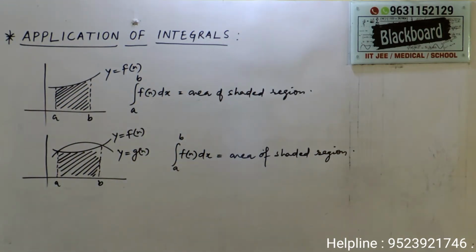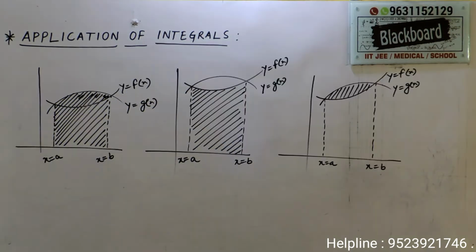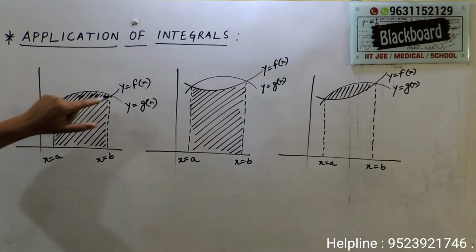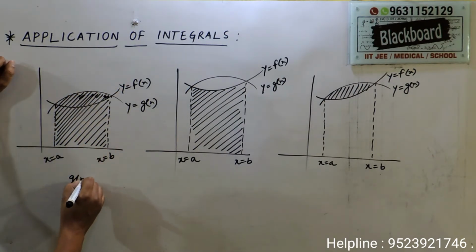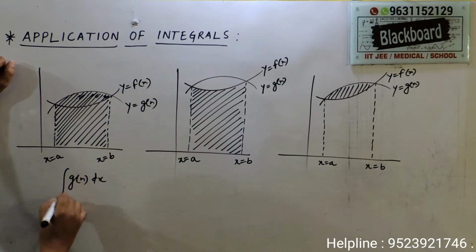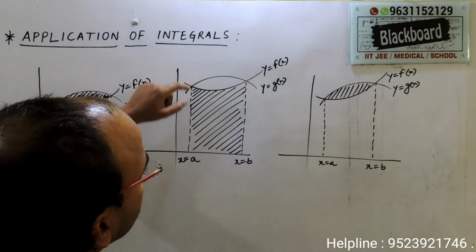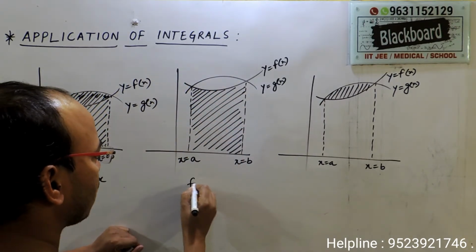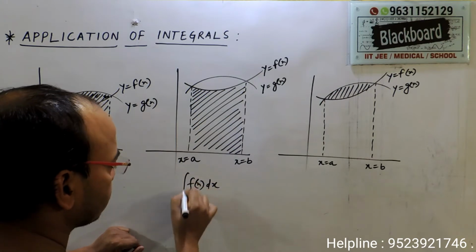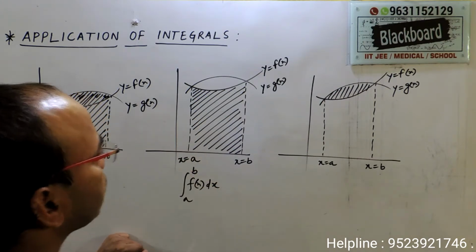Next, here there are 3 different situations. In this situation you have to find the area of this shaded region. Here there is no use of y equals f(x). That means our equation will be the integral of g(x) dx from a to b. And for this situation there is no use of g(x). That means you have to write only the integral of f(x) dx from a to b.